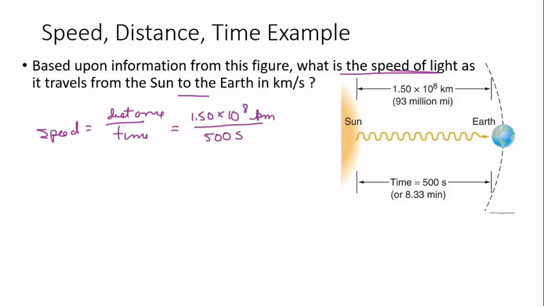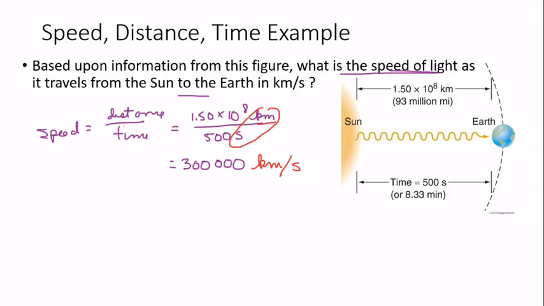My calculator displays 300,000. Don't forget our units. Units would be kilometers per second, km/s. One more thing before we leave this, and that's actually the right answer.